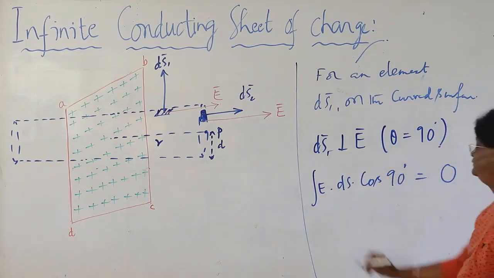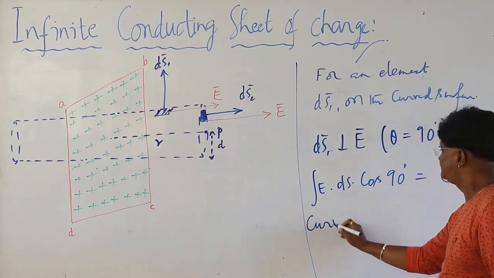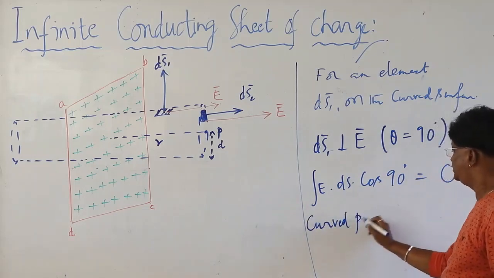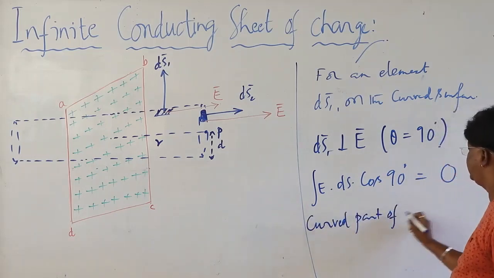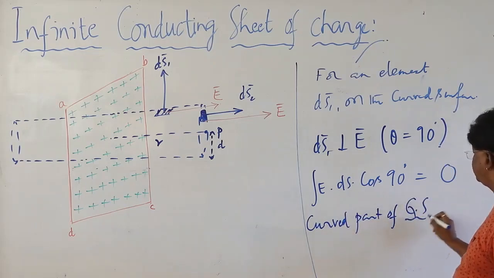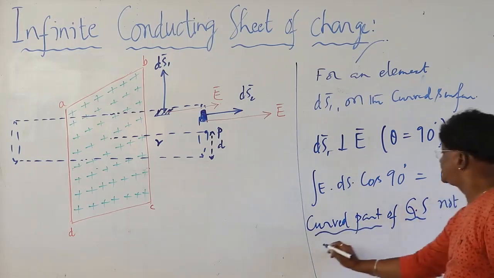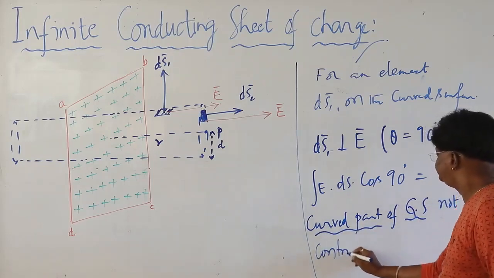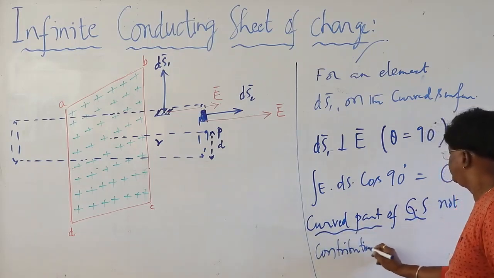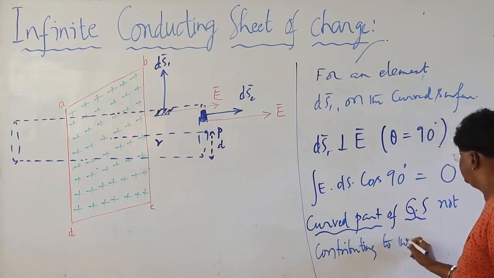So what does it mean? The curved part of the Gaussian surface is not contributing to the flux.